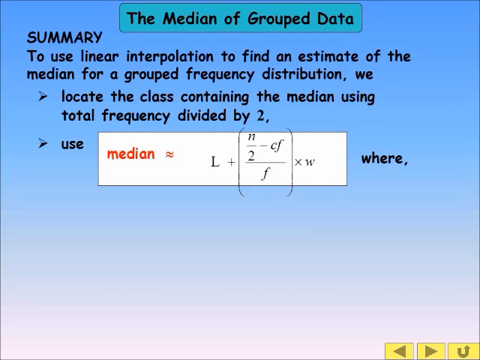The median estimate is the lower limit of the median class, plus the number of observations divided by 2 minus the cumulative frequency of the classes before the median class, divided by the frequency of the median class, times the class width.